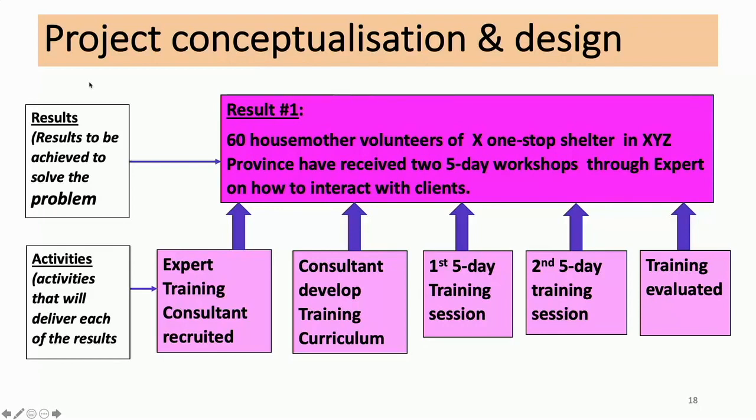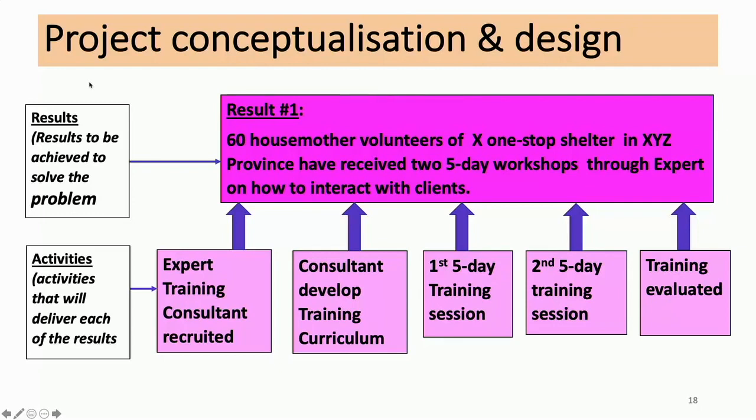Then we'll conduct the first 5-day workshop, and we'll conduct a second 5-day workshop. We will also, to ensure that the workshops and the training have been successful, evaluate the training. So there are 5 activities that need to be implemented to achieve result 1, to enable and better the capability of these volunteer house mothers to deal with their clients.